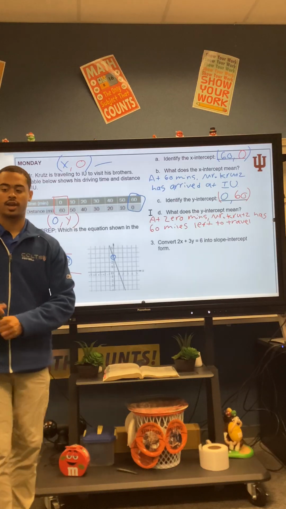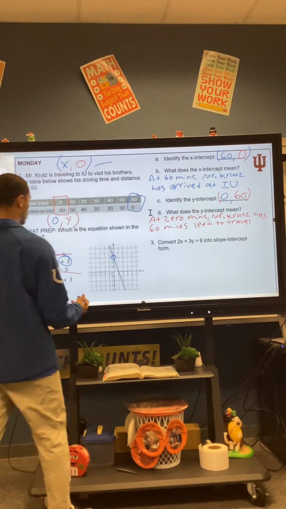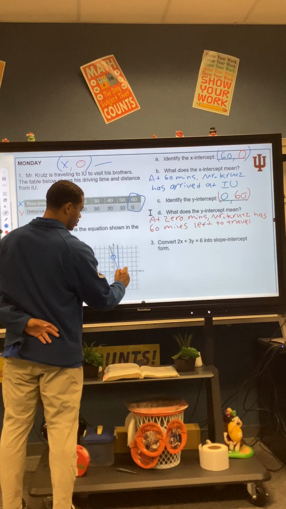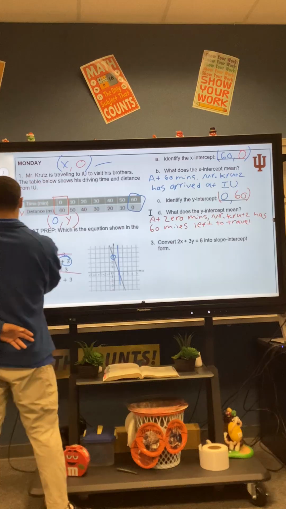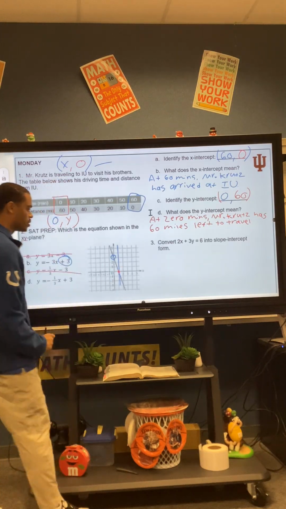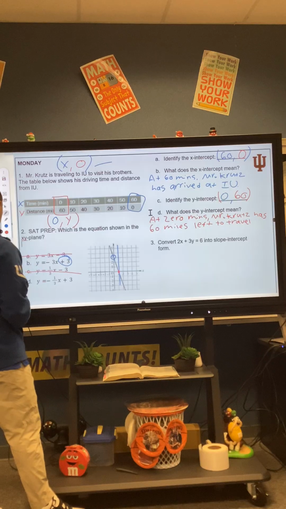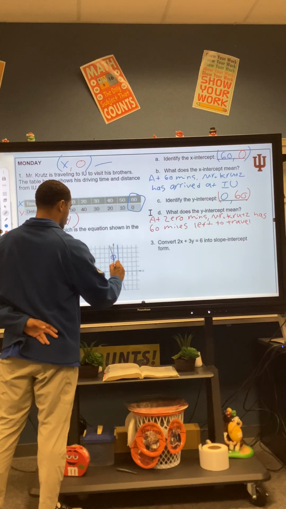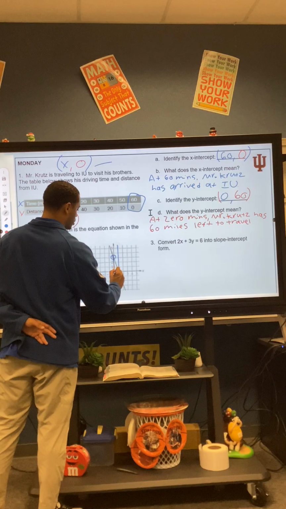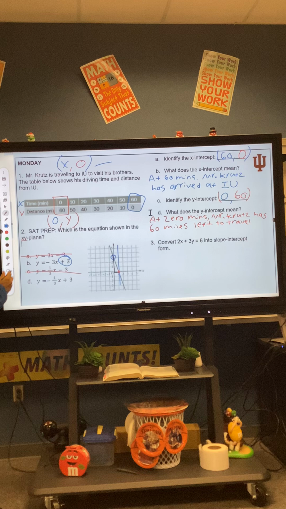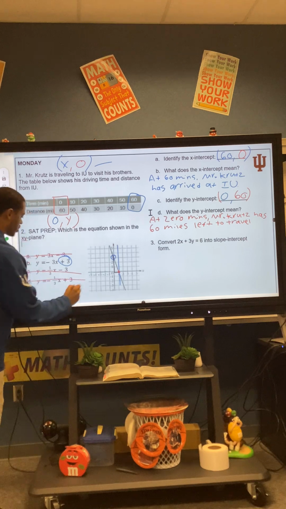Now when I look at my M value, I want to find another point that touches this line. You want to make the triangle. If I go over and count, that means I'm going down 1, 2, 3 to my right 1, which means my slope is a -3.